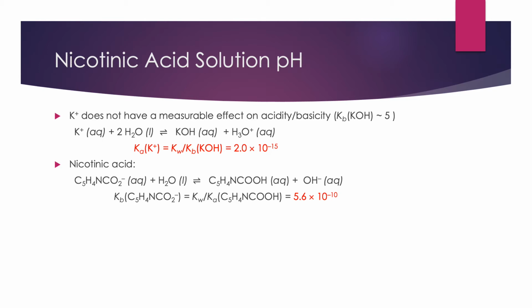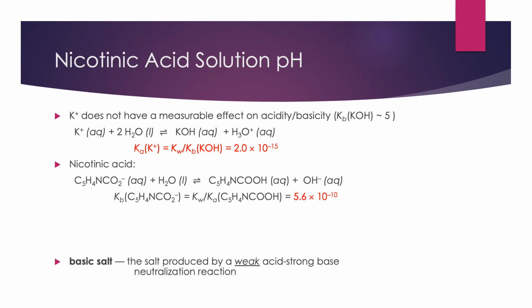Nicotinate ion, on the other hand, reacting with water to give undissociated nicotinic acid and hydroxide ion, is going to have an equilibrium constant of about 5.6 times 10 to the minus 10. Now that does seem pretty small, but remember it's greater than the autoionization of water. So in fact there is some of this that happens, and it's going to affect the pH of the solution.